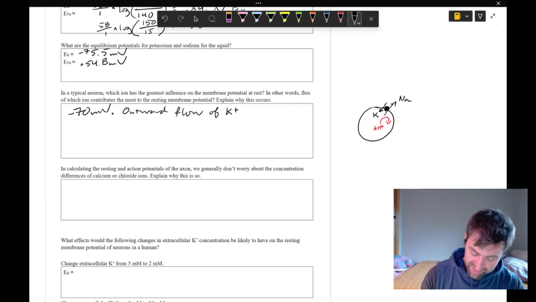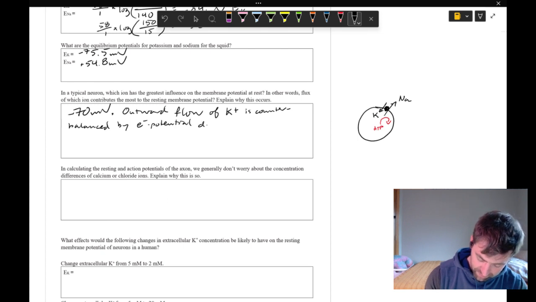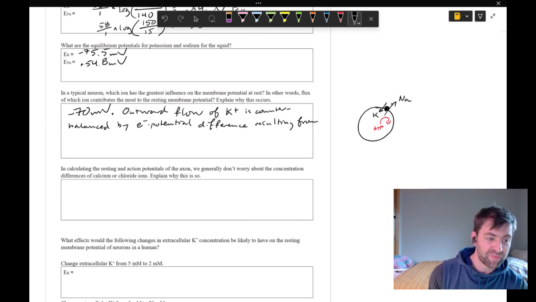So outward flow of potassium just doing its thing is counterbalanced by electrical potential difference resulting from not just potassium gradients, but also other anions and cations.